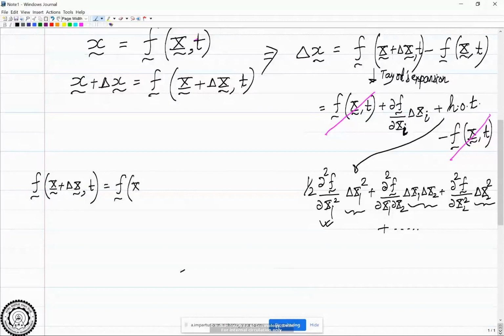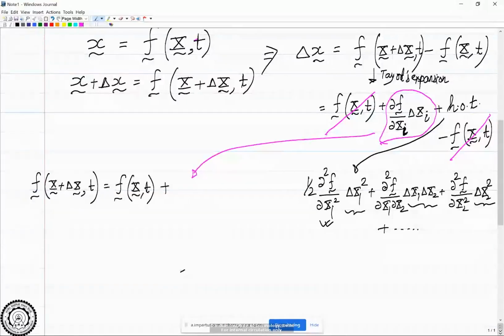I would say this is equal to f of capital X comma t plus, look at this thing over here. It's the first derivative. So can I write this as gradient of f into delta capital X? Will you allow me to write it like this?